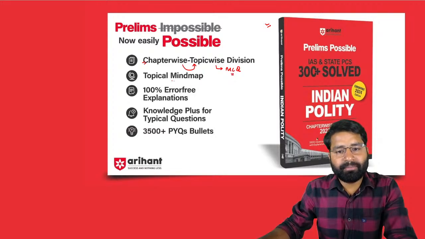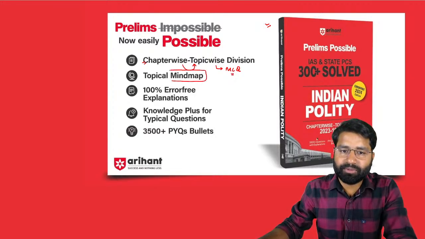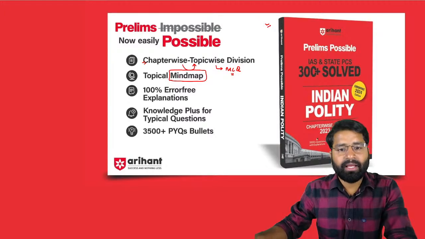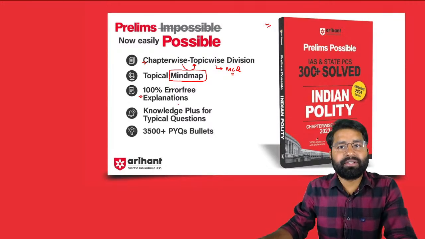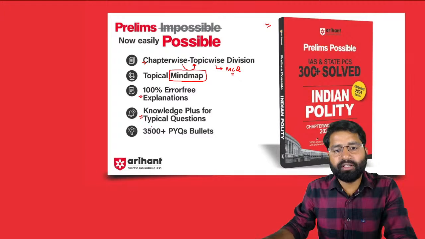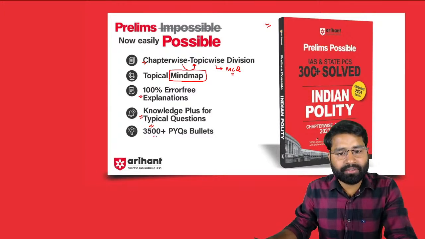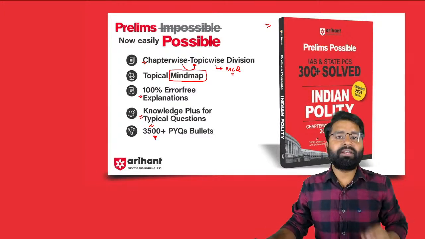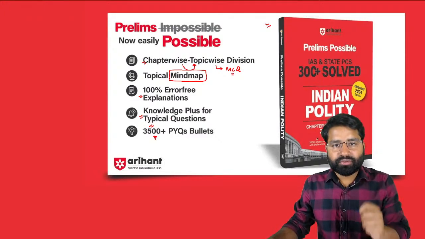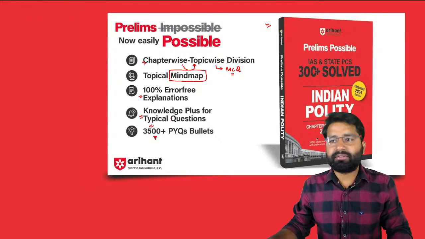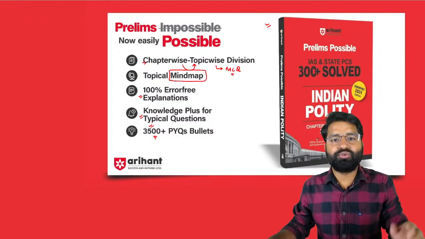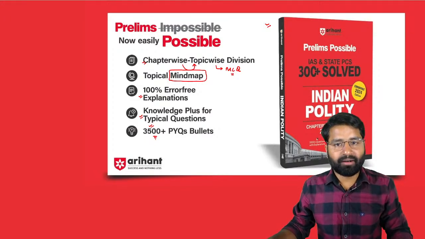Students, there is also a topic-based mind map that is going to help you in terms of revision. It contains 100% error-free explanations, knowledge plus for the typical questions, and 3500 plus PYQs in bullet form at the end of this book. You can use that section to revise the data, students.